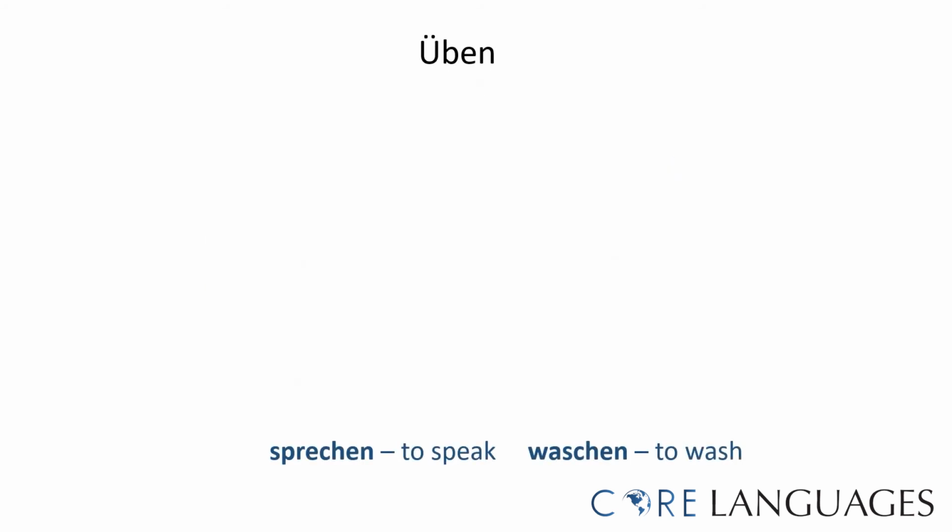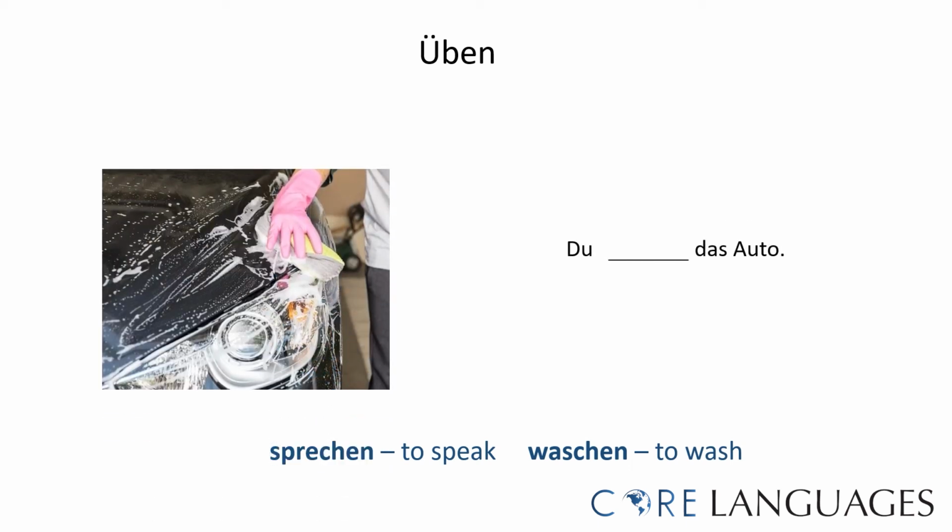Let's practice. Üben. Try to determine the irregular conjugation for the verbs sprechen, to speak, and waschen, to wash. Du, das Auto. Du wäschst das Auto.